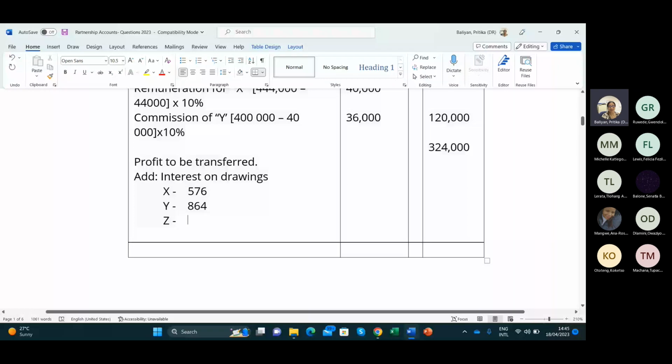Okay, so now we add all these drawings to the remaining profit.